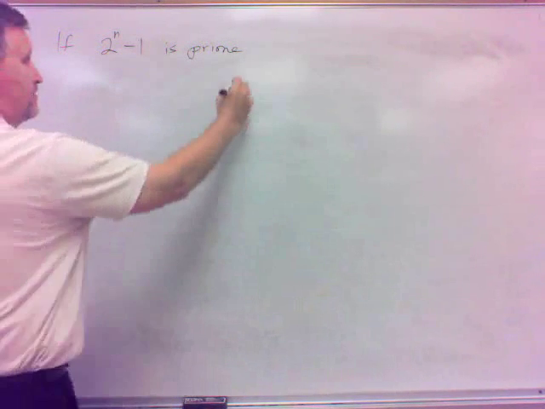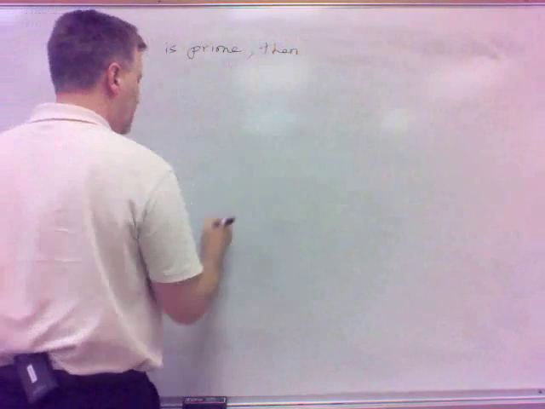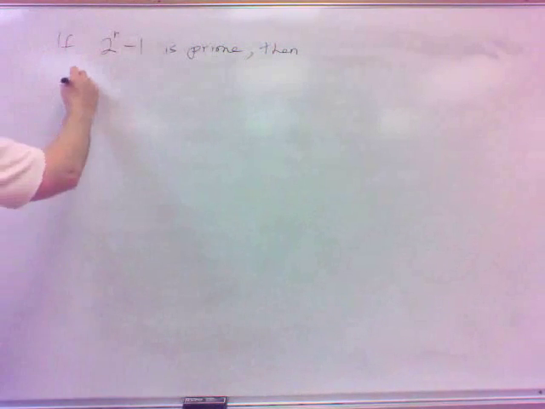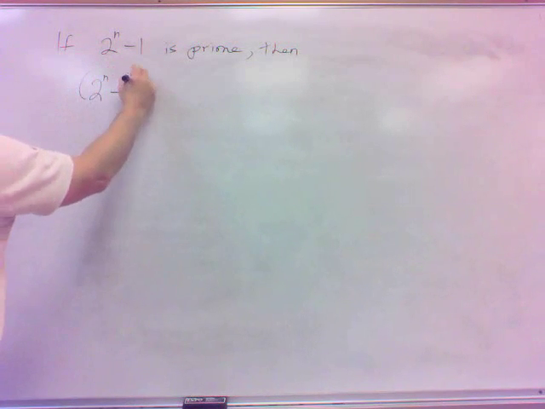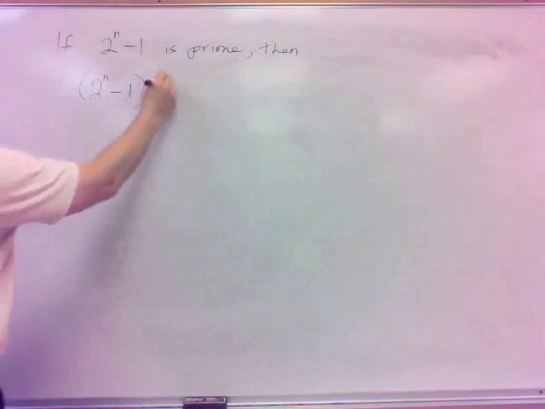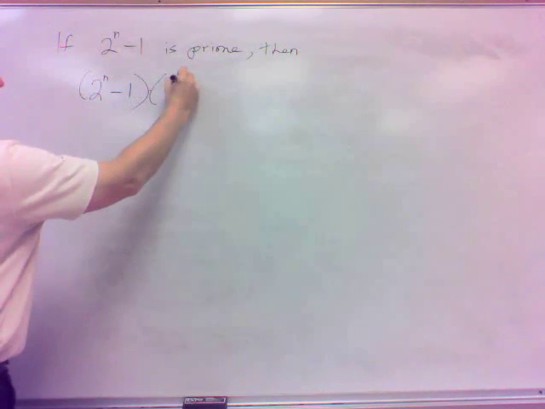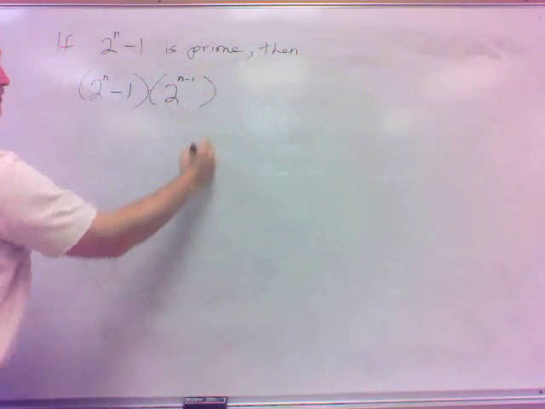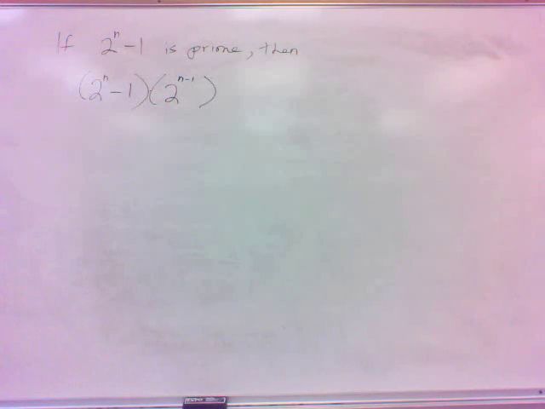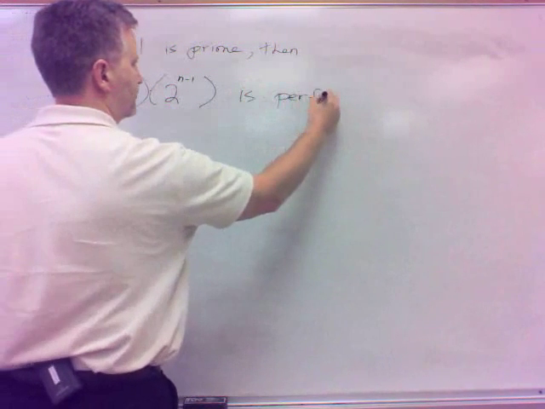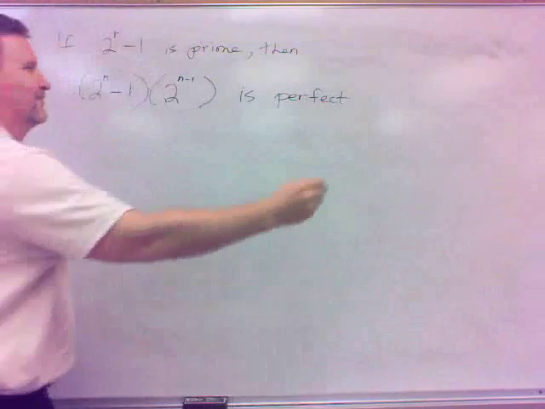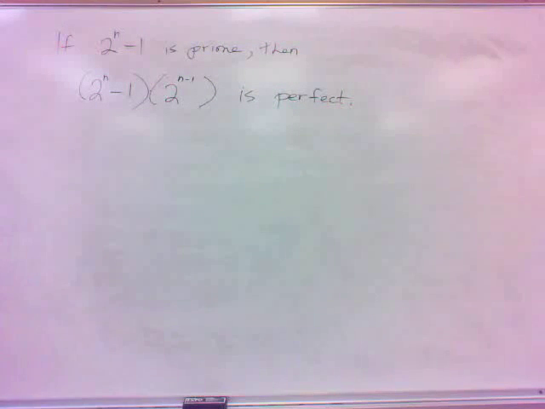If that's prime, then it turns out this combination here, 2 to the n minus 1, times 2 to the n minus 1 power, if you multiply those two numbers together, that's a perfect number. Strange, but it does work.